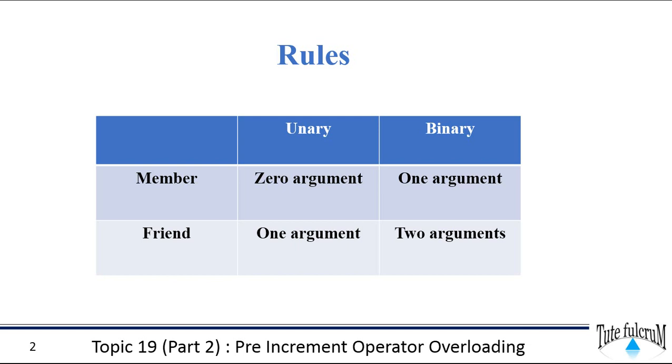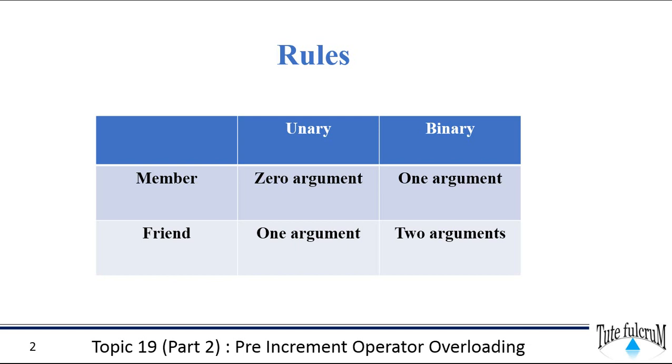So we have discussed that there are certain rules to be maintained when we overload the operators. The two methods by which you can overload an operator is either as a member function of the class or as a friend function. If you are overloading a unary operator as a member function of the class, then as per the rule, there should not be any argument.